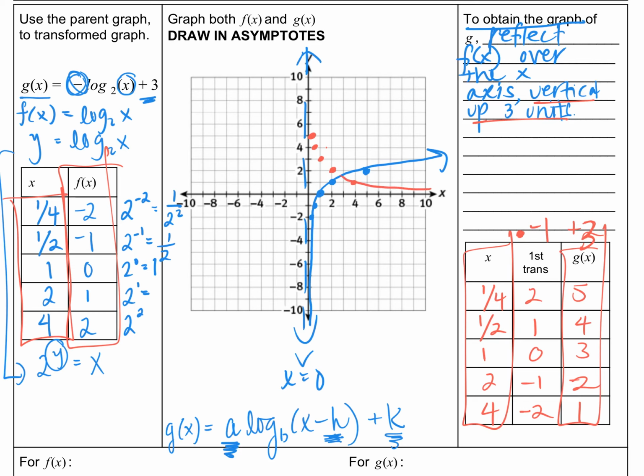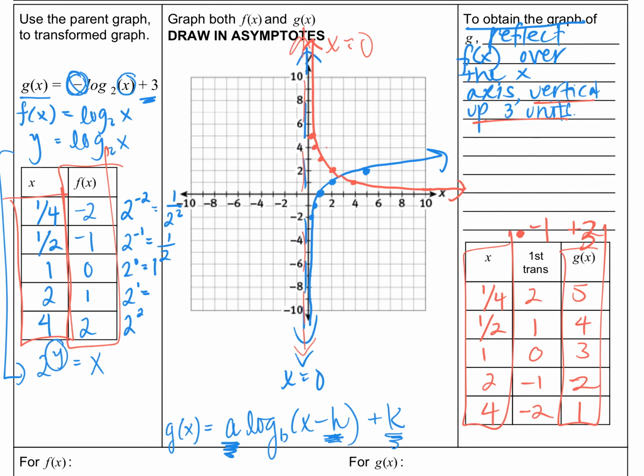So that we have something that looks like this. And then in this case, there is no horizontal translation. That's the only thing that's ever going to change your asymptotes. So the asymptotes end up being at the same place, also x equals 0.